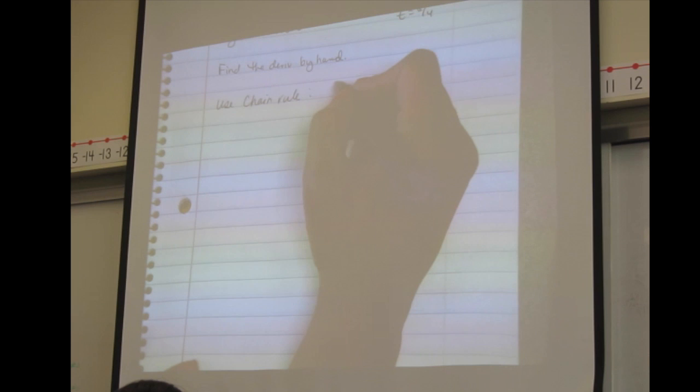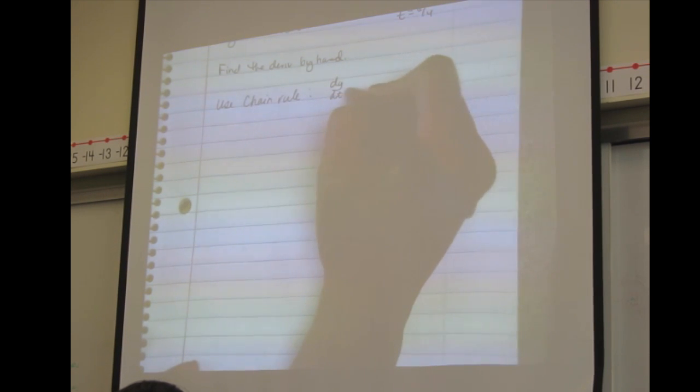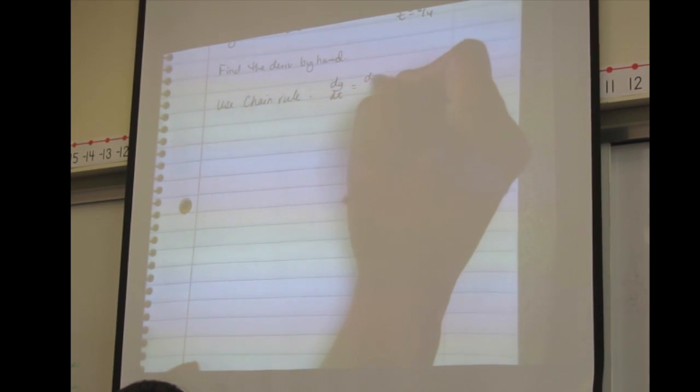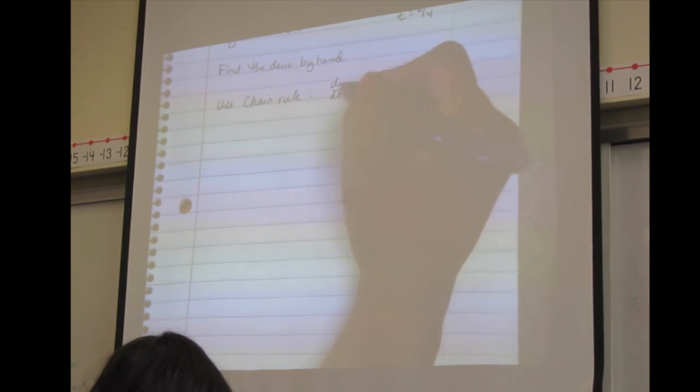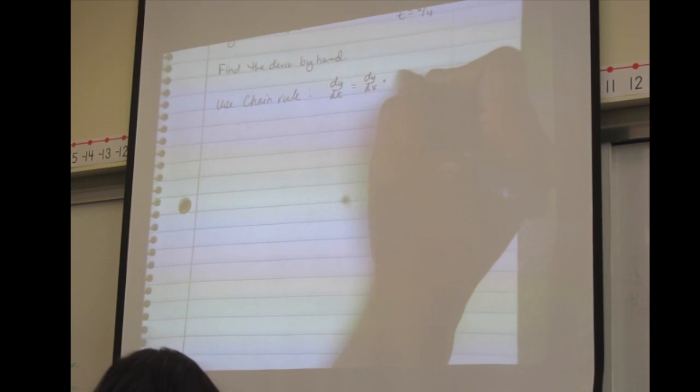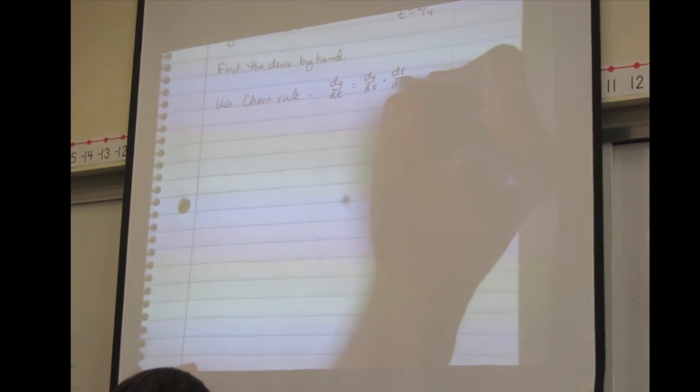So I'm gonna use a chain rule, so dy dt. If I want dy dt and I go dy dx first, I need to multiply this by dx dt. Right, this is a chain rule.